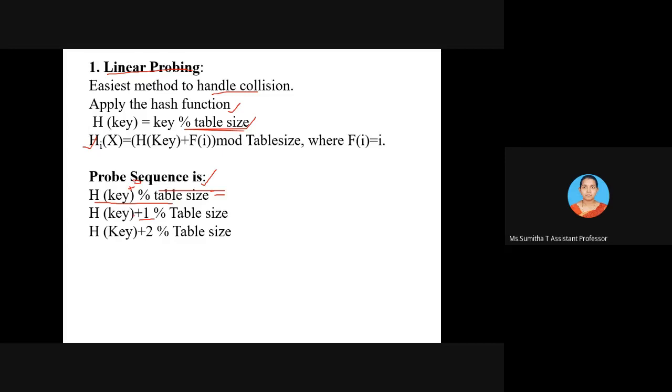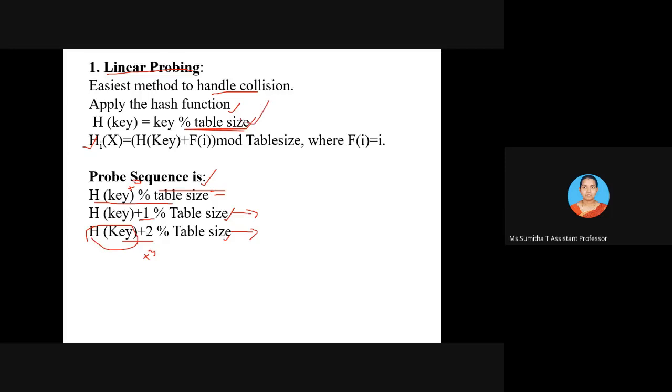So we start with the same basic formula and add plus 1, add plus 2. If with plus 1 the particular cell is empty, then I can insert here. But if the collision occurs again, then I go with plus 2 and insert the element. If here also the collision occurs, then I go with plus 3. Here h key is the value we get from this formula.